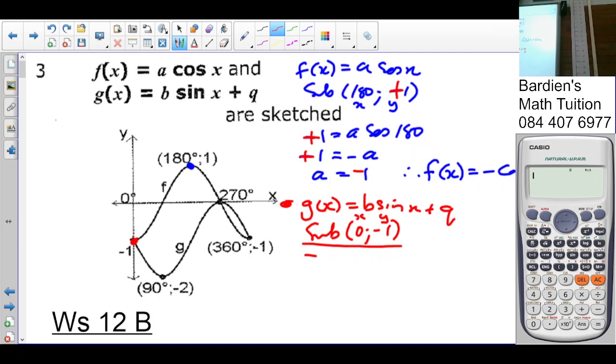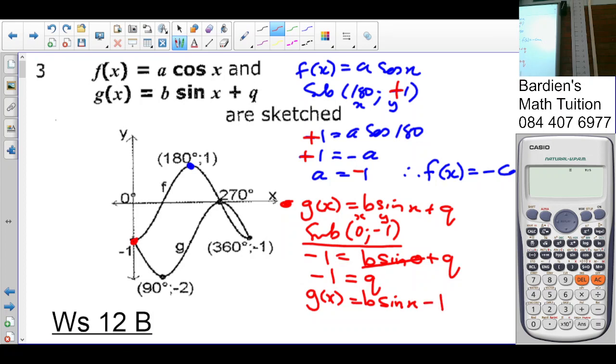So negative 1 is equal to b sin 0 plus q. What is sine of 0? 0. 0 times b is 0, so q is minus 1. So my equation now reads g of x is equal to b sin x minus 1.